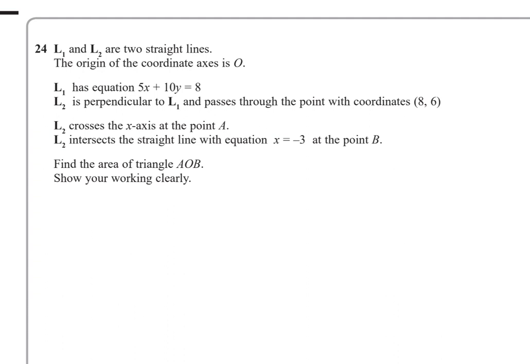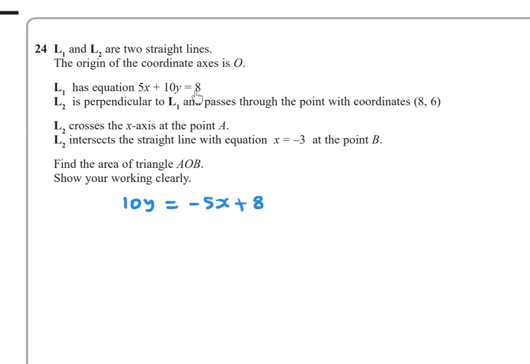First, because L2 is perpendicular to L1 and passes through the point 8 and 6, so we can find the equation of the line L2. L1, the equation 5x plus 10y equals 8, so we can find the gradient. Make y the subject, so 10y equals negative 5x plus 8.